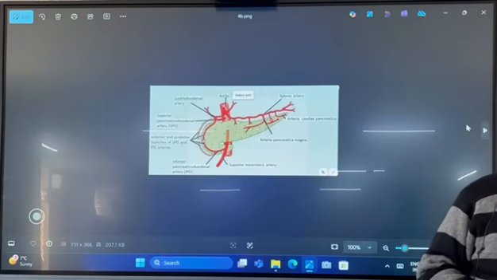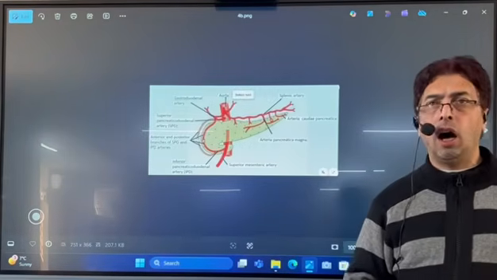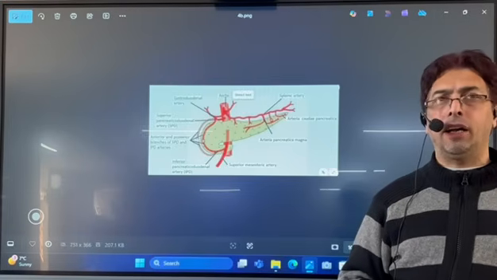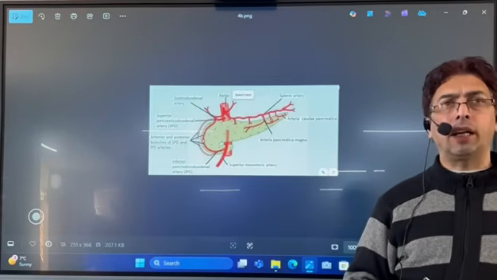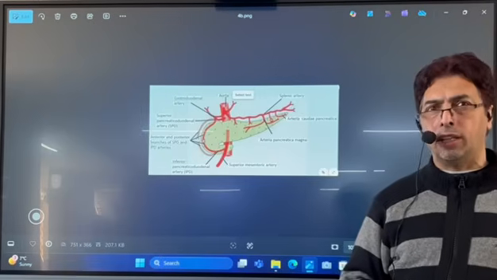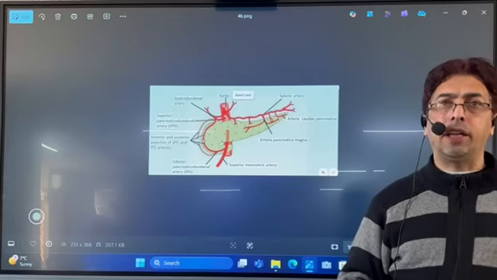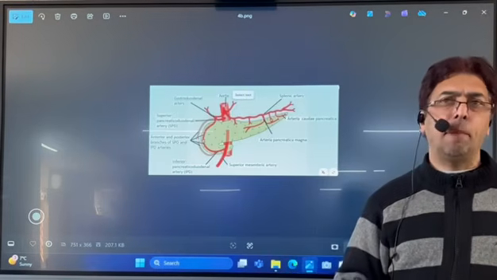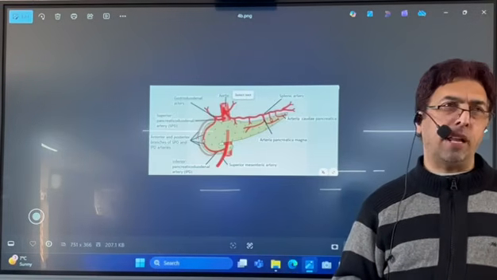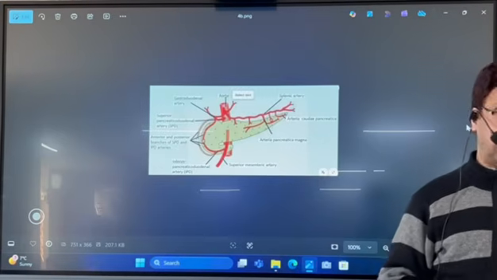To know two important branches especially: arteria pancreatica magna. Sometimes there is this inconsistent branch which is bigger than the other branches, and we give it the name arteria pancreatica magna. Arteria means artery, pancreatica refers to pancreas, and magna means big. So a bigger branch.